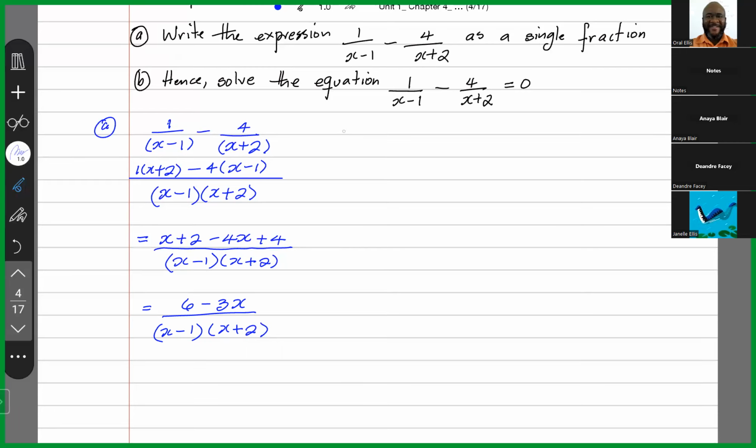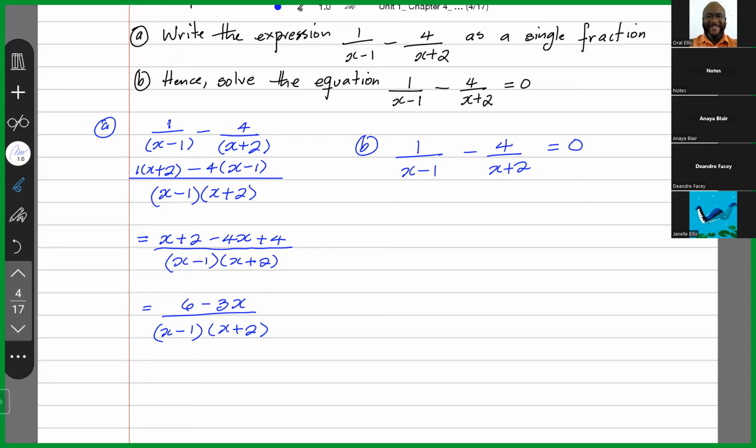Now, B says, hence solve the equation 1 over x minus 1 minus 4 over x plus 2 is equal to 0. So of course, the word hence there is important.